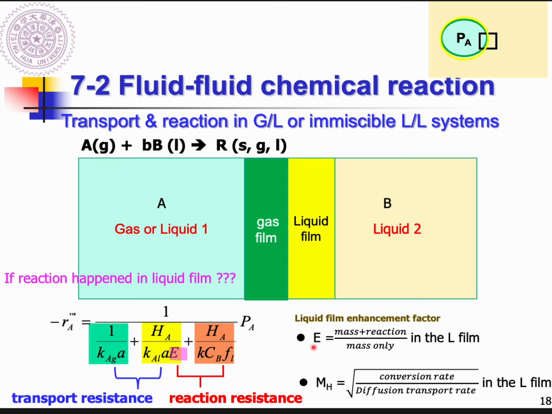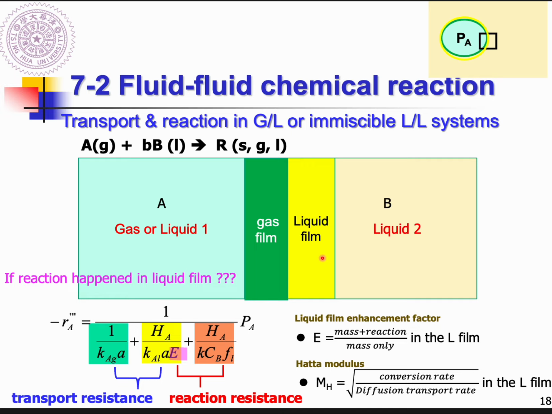But before that, I also want to highlight one important parameter or indicator, which we call the Hatta modulus. What's the Hatta modulus? Based on the definition here, the Hatta modulus is the square root of the reaction rate versus the mass transport rate in the liquid film. So in this case, it tells you, in this liquid film, whether reaction is faster or diffusion is faster, or they are both comparable.